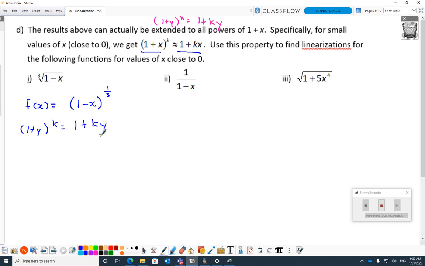So I've got let y equals negative x and let k equal 1/3. So the linearization here will be 1 plus 1/3 of negative x.